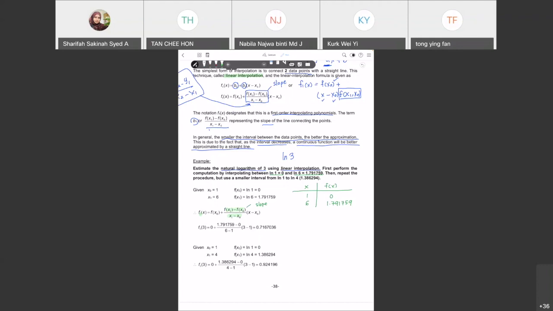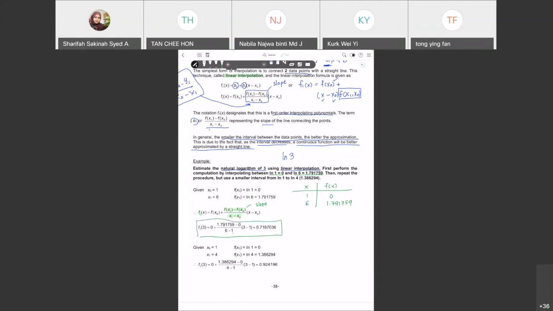You use the data points given. f(x1) is 1.791759 minus f(x0) which is 0, over x1 which is 6 minus x0 which is 1. Look at the formula down here.